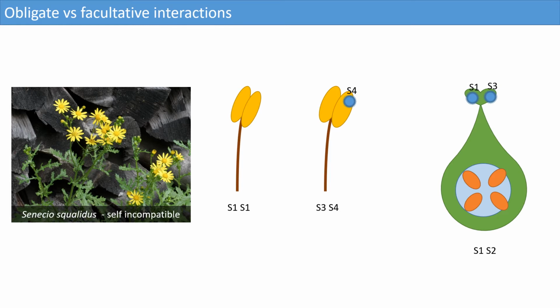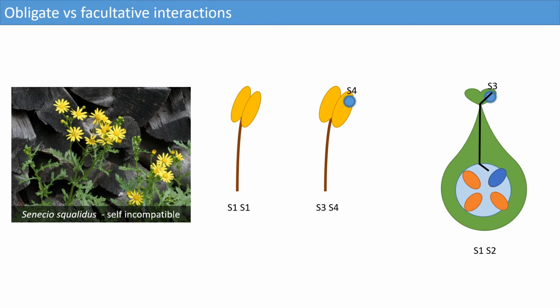So if the pistil recognizes a grain of pollen that carries the same incompatibility alleles as the plant that bears the pistil, this pollen will not be able to germinate and fertilize the plant. Whereas if there is no recognition of the alleles that the pollen carries on its surface, it will be able to germinate and fertilize the plant.